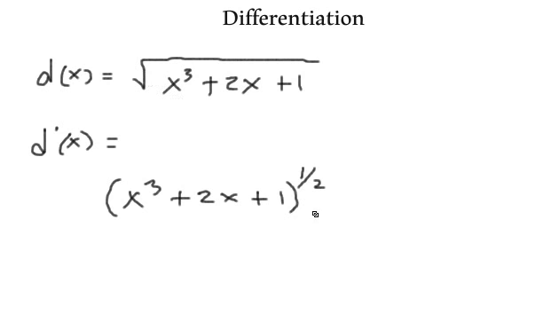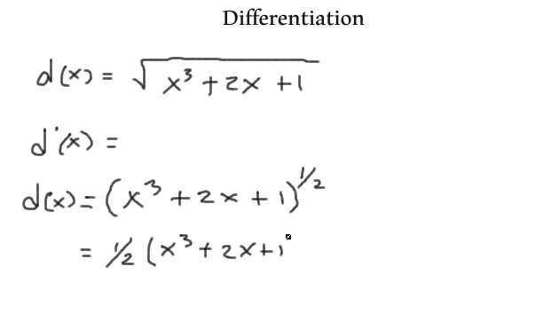Okay, so we get this out of radical form, get an exponential form, and now we want to take the derivative. So we take the half out front, we rewrite everything in parentheses, subtracting 1 from the exponent, and you get a negative a half. Right, a half minus 1 is a negative a half, and then we take the derivative of what's in parentheses, 3x squared plus 2, right?